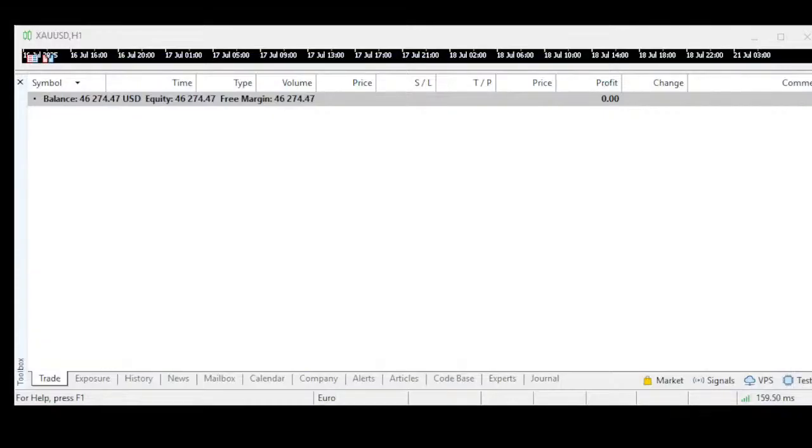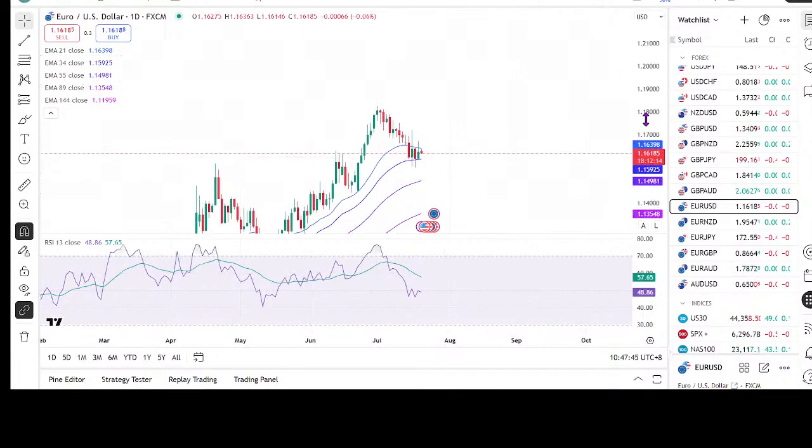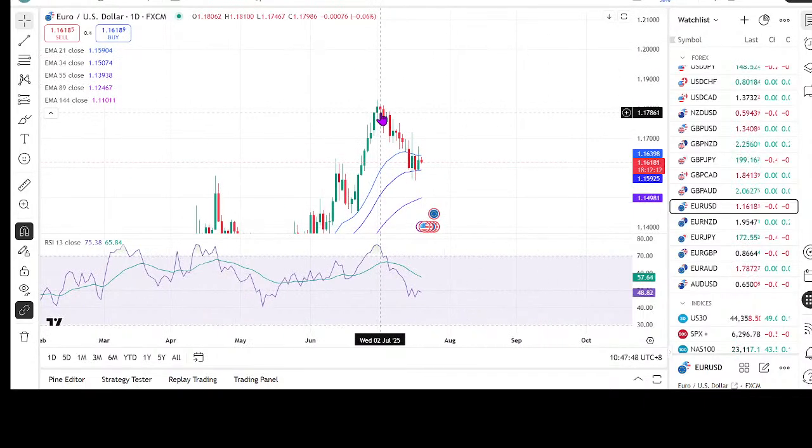We have not started keying in any orders yet, so we'll start keying in, starting from the euro. Remember, we have to key in a few orders, meaning a weekly order, a day order, then a scalping order.